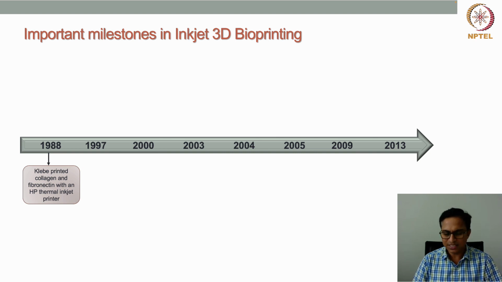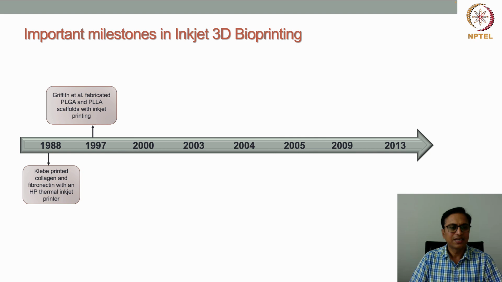With that initial success, in 1997, Griffith et al. fabricated 3D scaffolds with inkjet printing technology using biomaterials like PLGA and PLLA. Both of these are synthetic biomaterials. They used them to print 3D structures with an inkjet bioprinter.